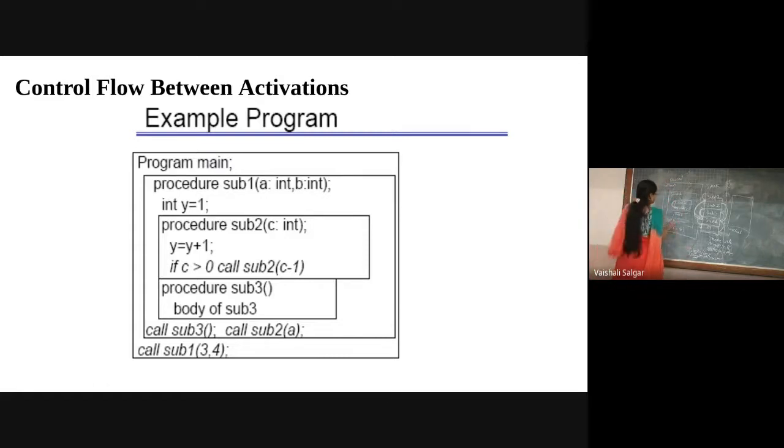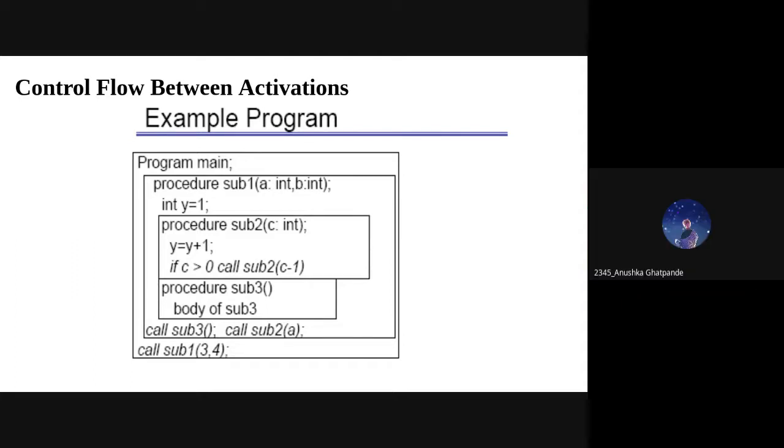Because over here it indicates it is a sub3, so it will transmit a control to the sub3, but over here, the return address will be the address where my sub2 is. See, for each instruction, a separate memory address will be allocated. Am I right? Yes or no? Yes, ma'am. Correct.